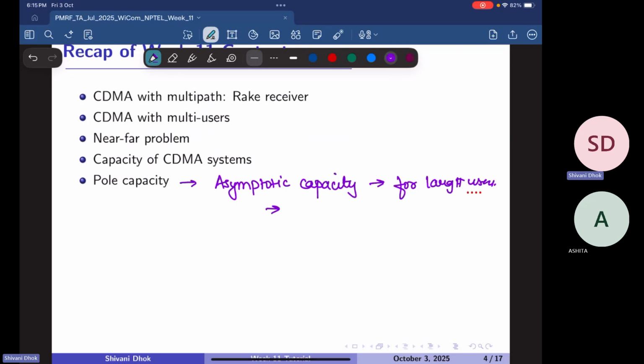So for this particular situation, only the nearby users are served or can be served. How many such nearby users can be served for a particular required SINR, that is your pole capacity. We'll take up questions related to this today.